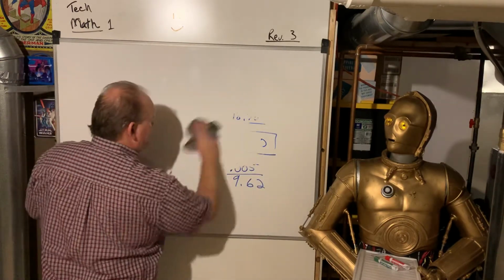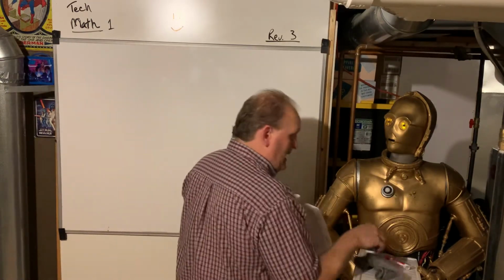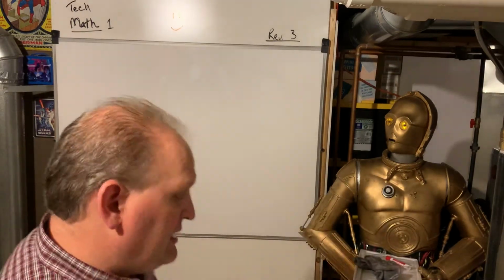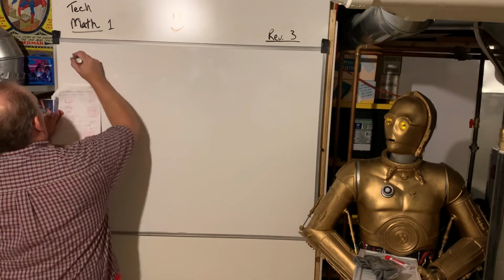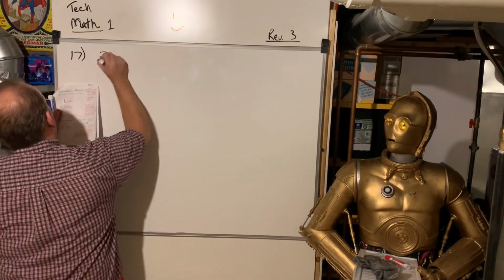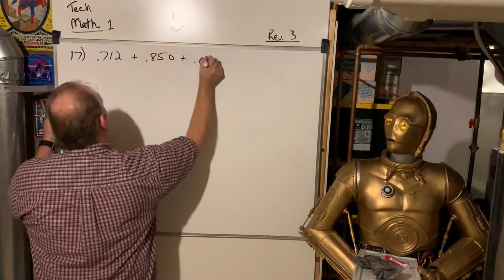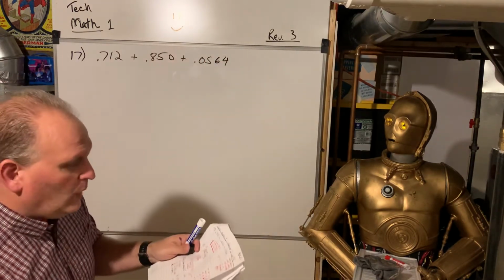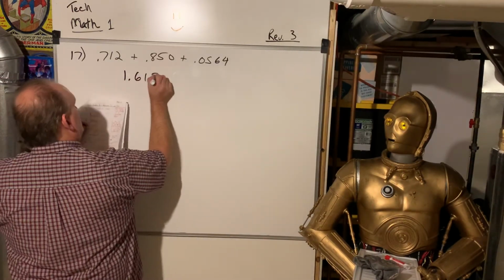Then 17 and 18, they make you decide. They don't tell you to round to anything. You have to figure out, should I be using precision or should I be using accuracy? So look, on 17, 17.712 plus 0.850 plus 0.0564, well, I add those all up, I get 1.6184.